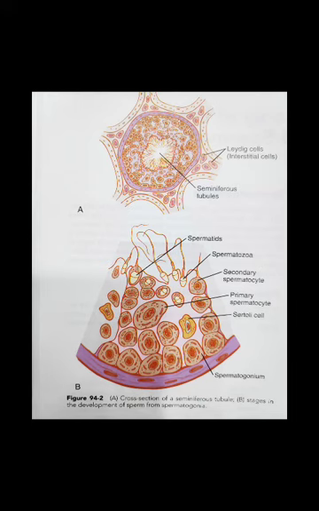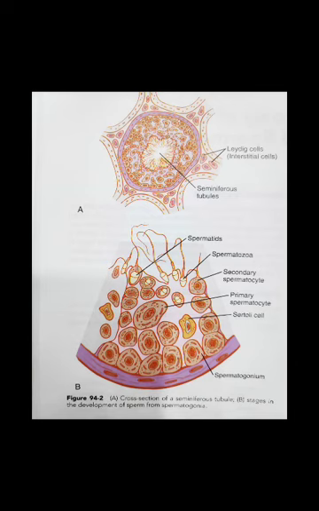And the other thing is production of the male sex hormone, that is testosterone. So how this is possible is the basic thing I am telling. This production of sperm is made possible by all these things.